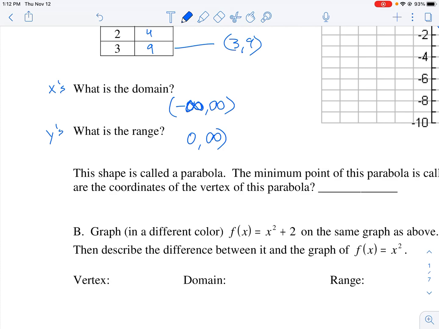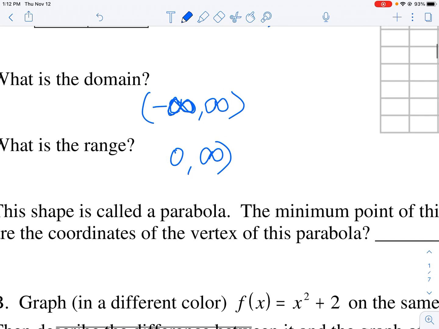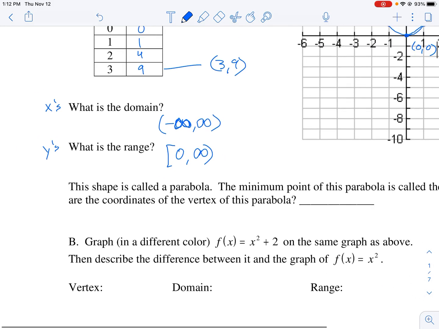And I can put a parenthesis on the infinity, but I'm going to put a square bracket on 0. And the reason we put that is because it actually hits 0. You put the parenthesis or the open bracket if you approach it, but you never actually reach it. And you can never reach infinity. And so that's why those are parentheticals, and this one's going to be this square bracket.